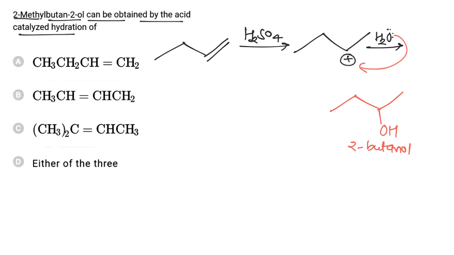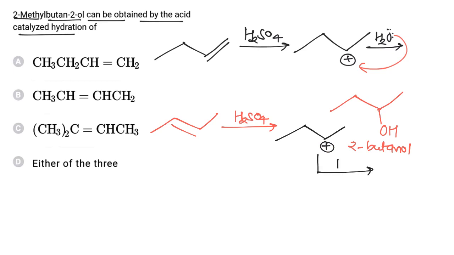Now if we have the second molecule, 2-butene, on reacting with dilute H2SO4 it will form the same carbocation. In this case again the carbocation formed is a secondary carbocation, and reacting this with water it will also give 2-butanol.